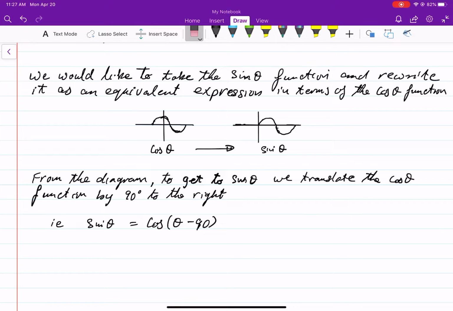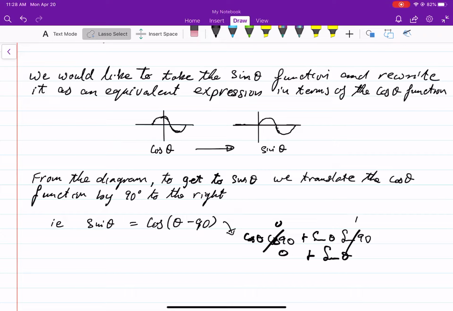You could also check this by opening this up and checking the compound angle identity. Cos of (theta minus 90) is cos theta cos 90 plus sine theta sine 90. Cos 90 is 0, sine 90 is 1. This part goes to 0, this part goes to just sine theta times 1, which is sine theta. So indeed, cos of (theta minus 90) is sine theta.